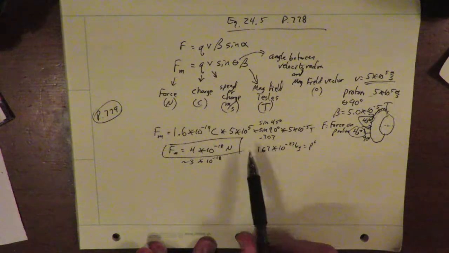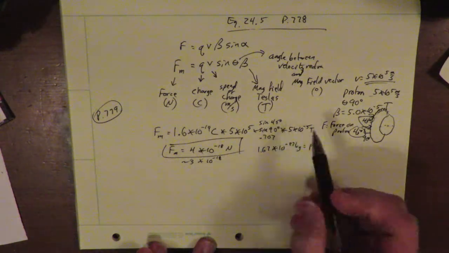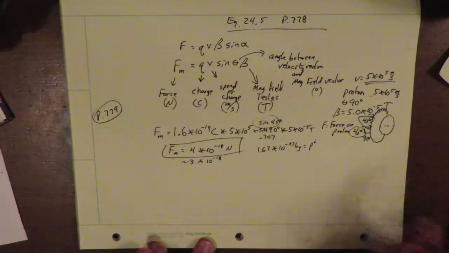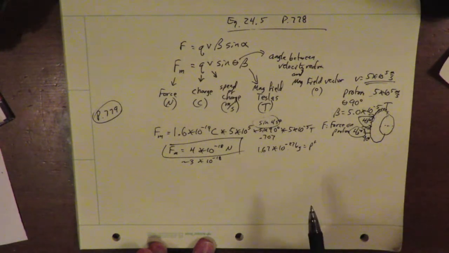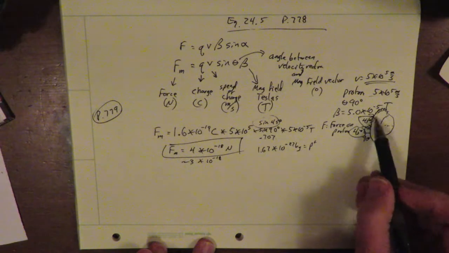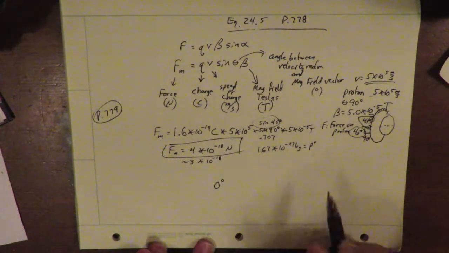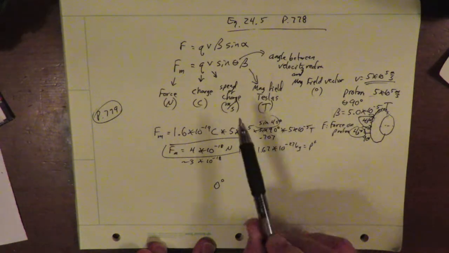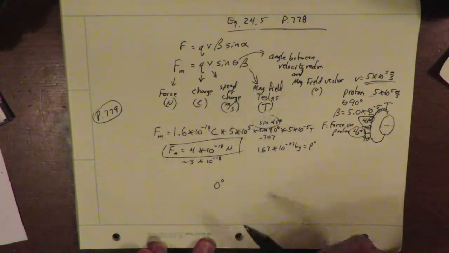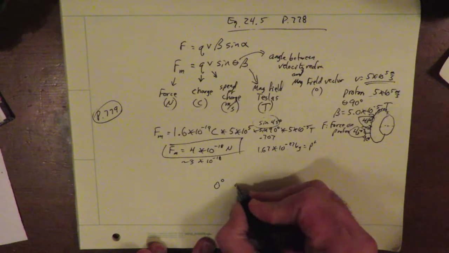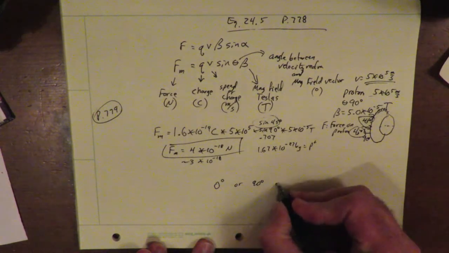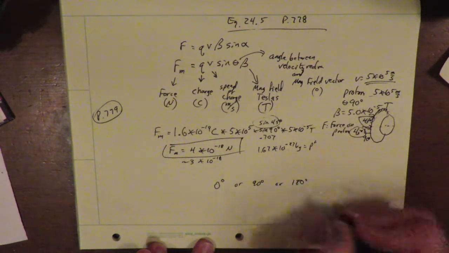So yeah, mathematically it's not that complicated for us to handle an angle. However, it turns out that AP2 doesn't want us to worry about these angles. All that AP2 worries about is if the angle between the velocity and the magnetic field is 0 degrees or 90 degrees or 180 degrees.